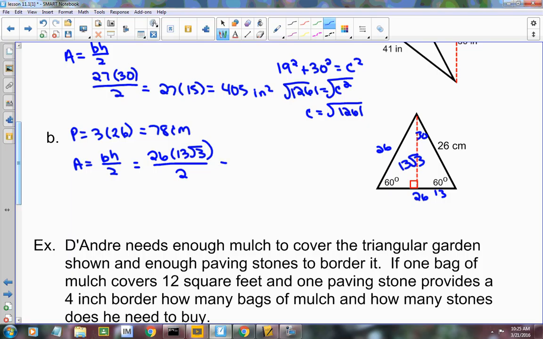Okay, well half of 26 is 13, so I've got 13 times 13 radical 3 is 169 radical 3. That's my exact answer. And 169 radical 3 is 292.7 centimeters squared.